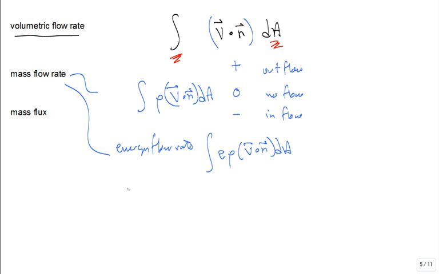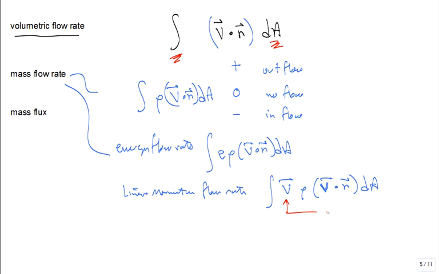And then we could do the linear momentum flow rate, which is the integral of V rho V dot n dA. Is this V right here the same as that V right there? Yes, they are.